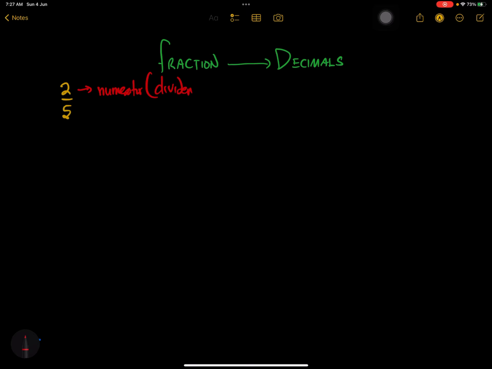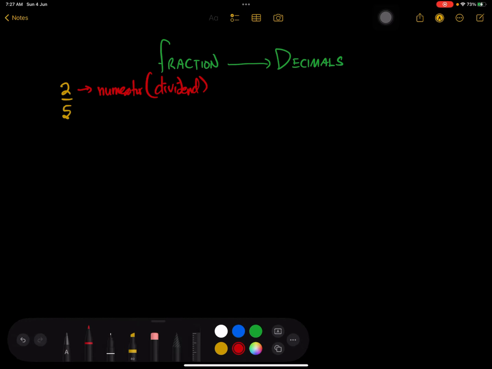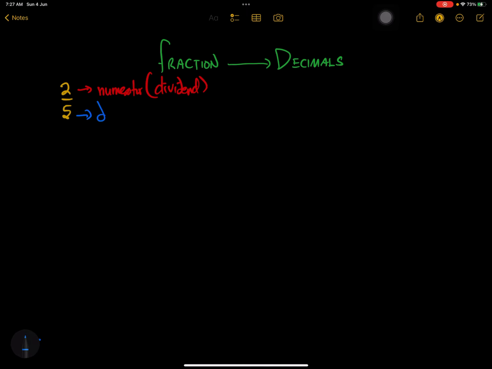The dividend could also mean something different in finance. And we have the bottom one known as the denominator, and it's known as the divisor. So let's keep that in mind.